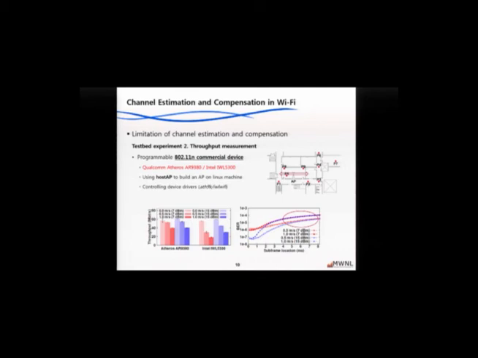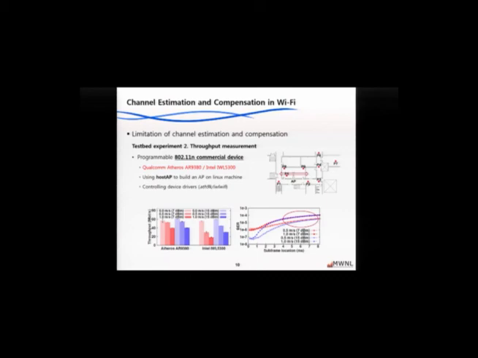So 2000 means 2000 OFDM symbols in a long frame, okay? And the y-axis represents EVM, error vector magnitude. What we see here is that if the environment is very stationary, EVM stays flat, right? But for a mobile environment, EVM keeps increasing.